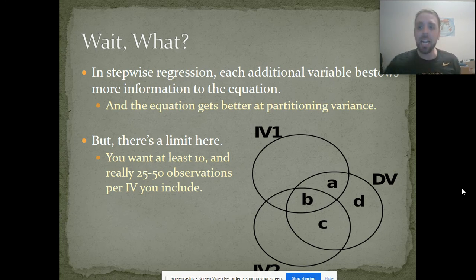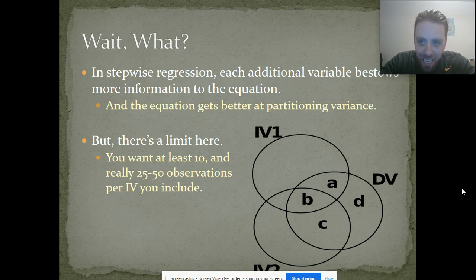Sometimes you can get that. And actually, in my case, I can always get that because I just happen to use large cross-national publicly available data sets with 50,000 Europeans in them. But nevertheless, you want a minimum of 10 and really around 25 extra observations per X. If you have too many independent variables and you don't have the sample size to support that, the terminology we use for that is called overfitting the model.